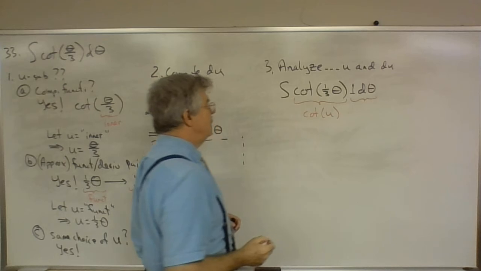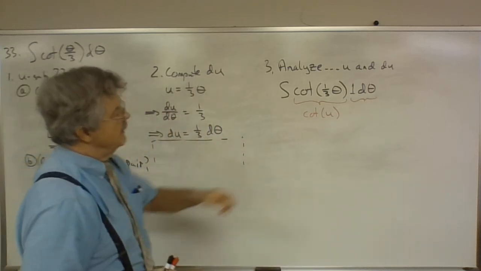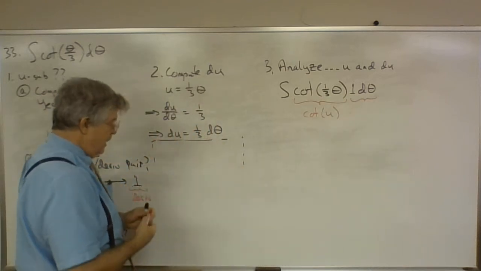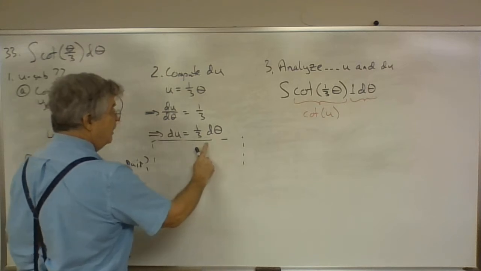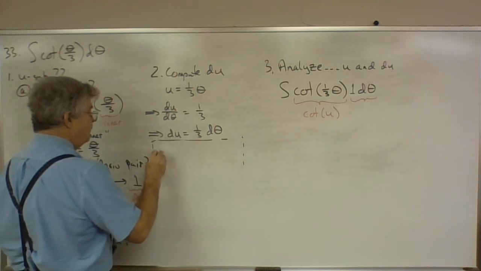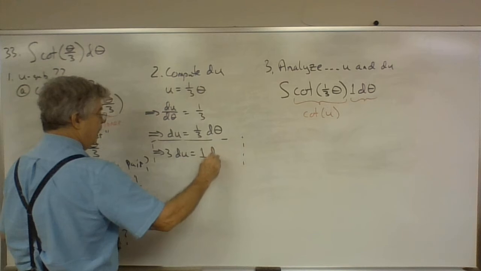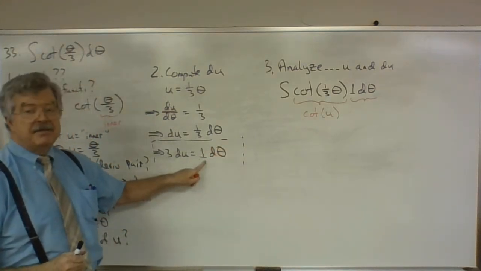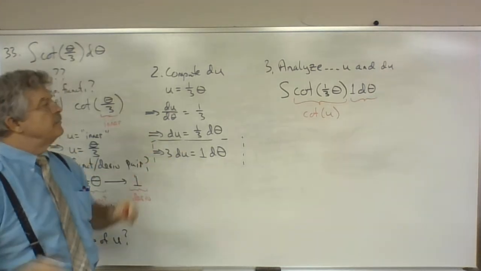And that thing, well, let's see. We don't have 1 d theta anywhere, but we do have 1/3 d theta. And we can make the right-hand side of this equation look like 1 d theta by multiplying both sides by 3. And remember, 1 d theta and d theta, they're the same thing.